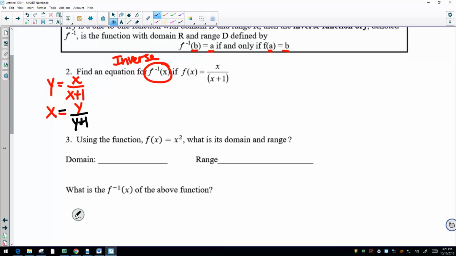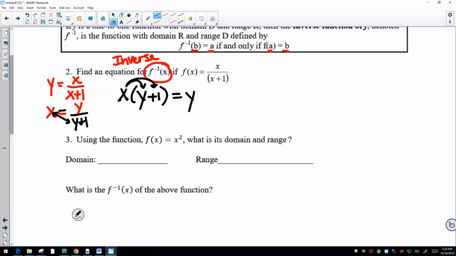So if I were to try and solve for y, we're going to either multiply each side by y plus 1 or think of it as cross multiplying. Okay, so I would have something now that looks like x times y plus 1, and I'm going to write this all out because this is a common place to make mistakes. And I'm going to set that equal to y. Okay, goal is to get y by itself.